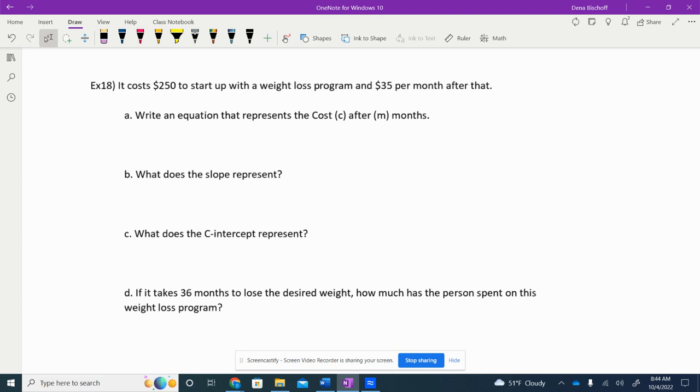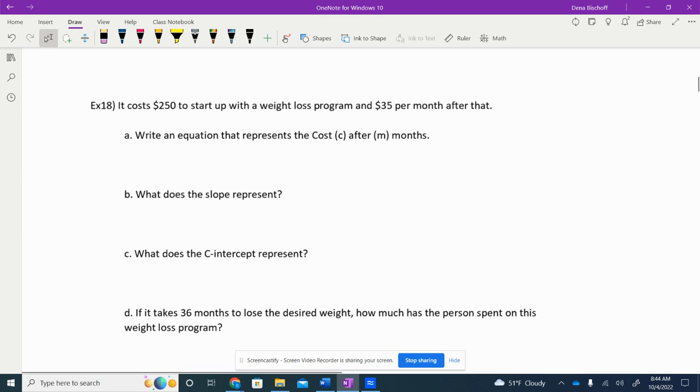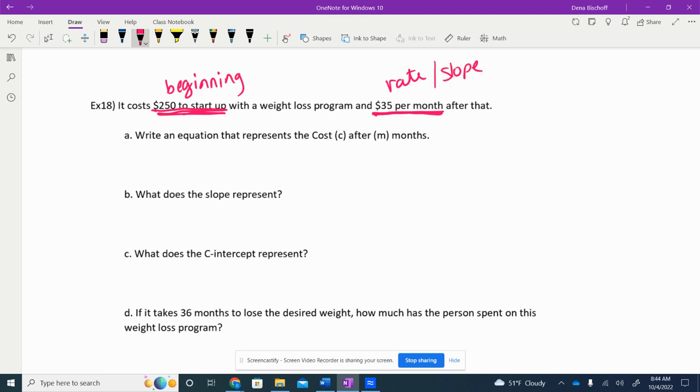It costs $250 to start up with a weight loss program and $35 per month. So this is my startup, which is kind of like the beginning fee. And this is my per month, which is my rate or my slope.